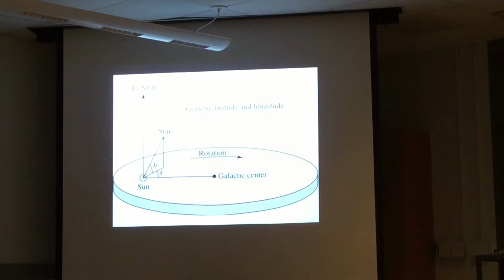And galactic latitude is that angle B indicated in the figure, the angle away, north or south, of the galactic plane, the galactic equator. So we specify galactic coordinates with those two angles, L and B.